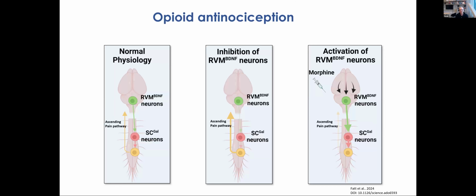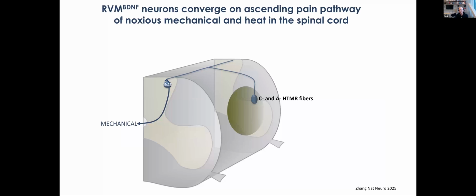inhibits the ascending pathway. So we were also studying at the same time the ascending pathway, Ming Dong in the lab, to try to understand the pathway that confers mechanical and heat pain.